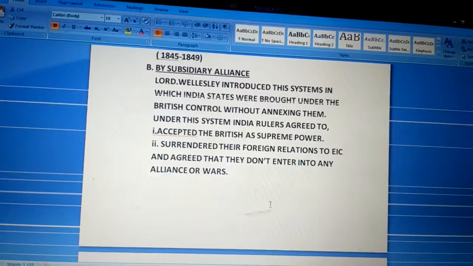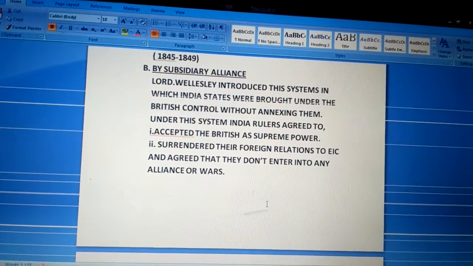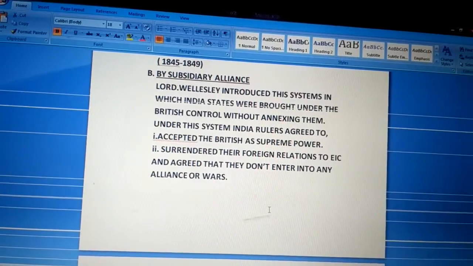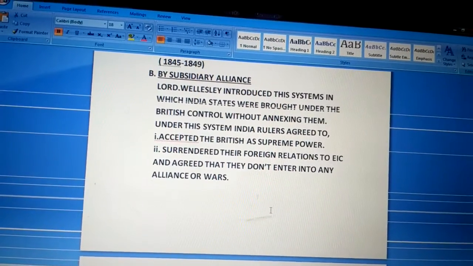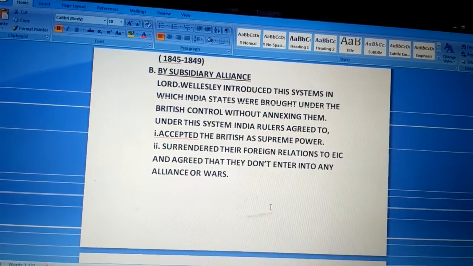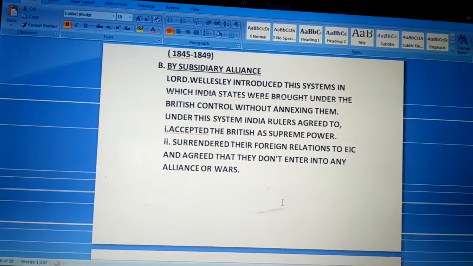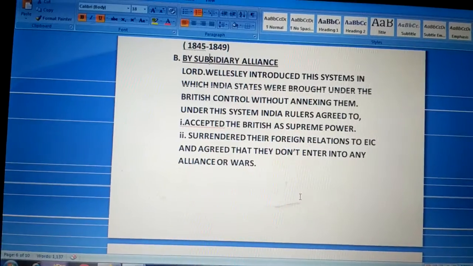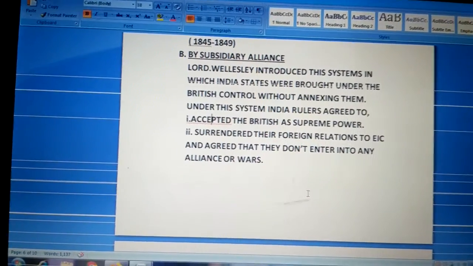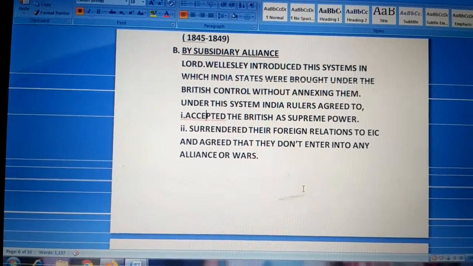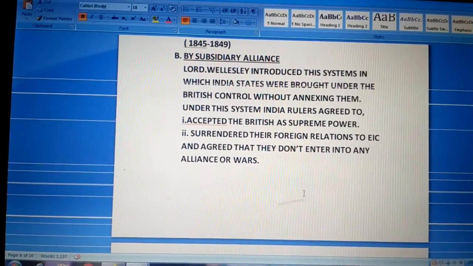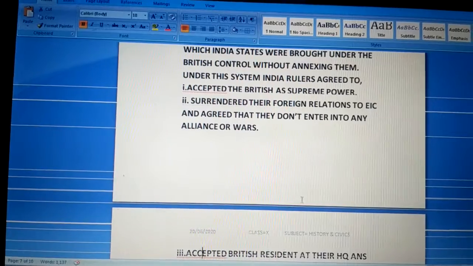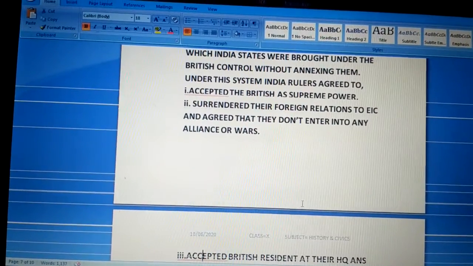So under this system, Indian rulers agreed to some conditions. What were these? They accepted the British as the supreme power. The British are the all in all; Indian rulers have to agree to this. They surrendered their foreign relations to the EIC and agreed not to enter into any alliance or war.